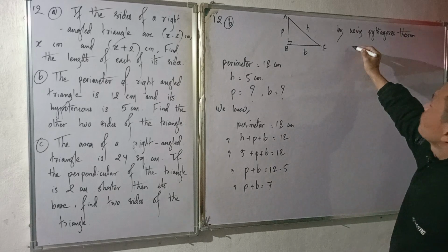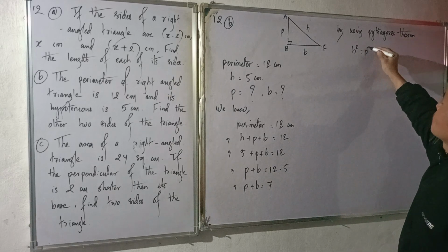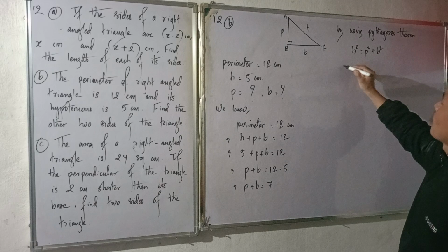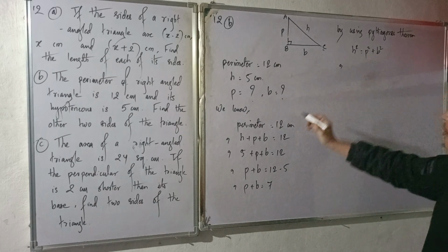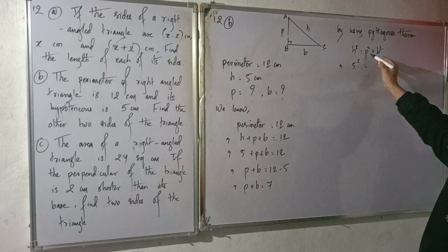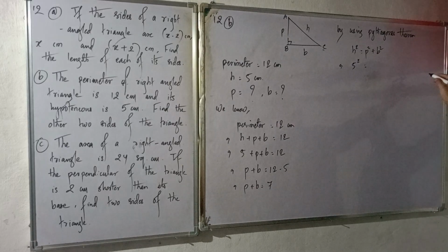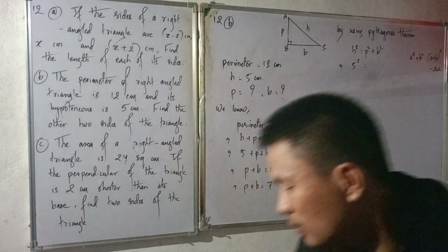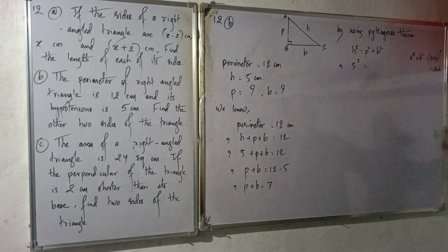In Pythagoras theorem you can write H square equals P square plus B square, where H square is 5 square. Now, there is an algebra formula: a square plus b square can be written as a plus b whole square minus 2ab. So you have to remember this formula.